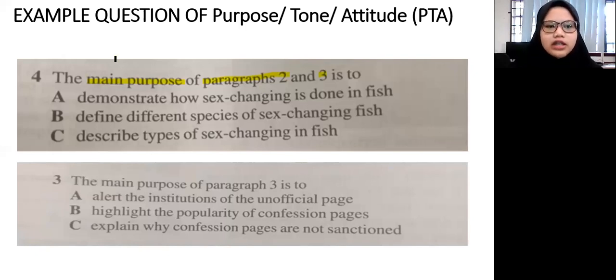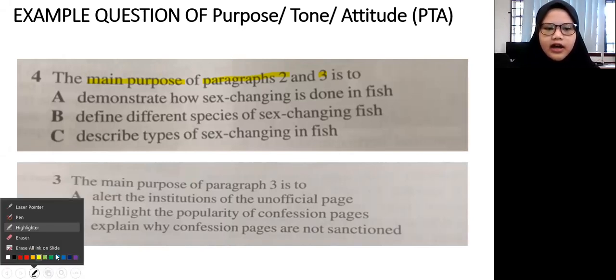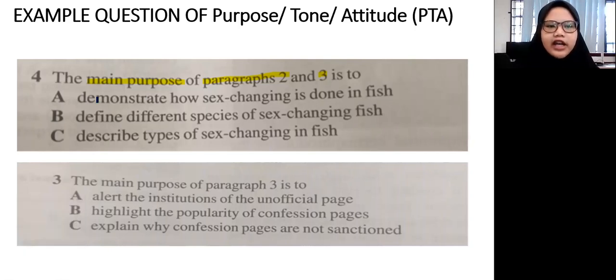It is already stated that you need to search for the purpose. And since paragraph 2 and 3 are stated, it requires you to do skimming of specific paragraphs. After that, you need to look at the answer options. This is what I mean by different verbs. Let's use demonstrate, define, and describe.